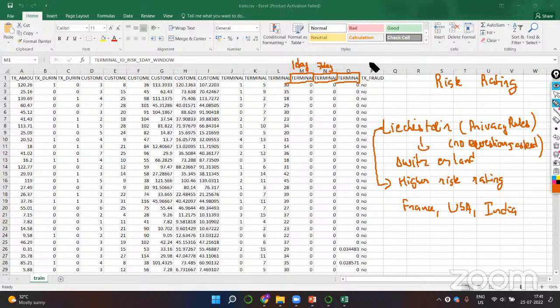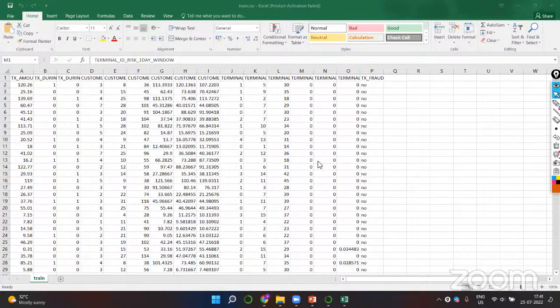So you're trying to find out the risk probability associated with each of these terminal IDs. So here we have some risk factors. We have some values that are depicting the risk. And finally, we have a column that is saying that fraud was committed or not. And this is again binary output. So this is our data set. And this is the use case that we are working with.